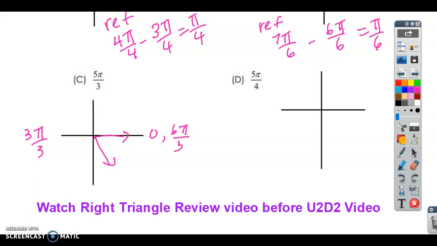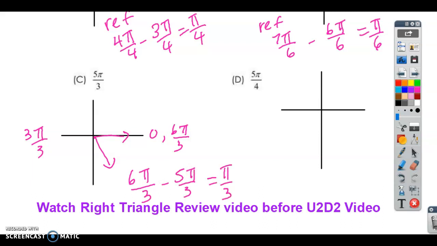I'm taking that whole circle and cutting it into 6 pieces. So what's the reference angle? The reference angle is 6 pi over 3 minus 5 pi over 3. So that's just pi over 3.